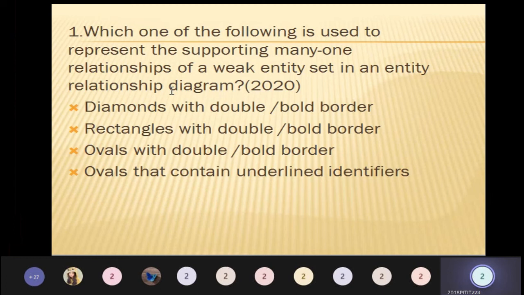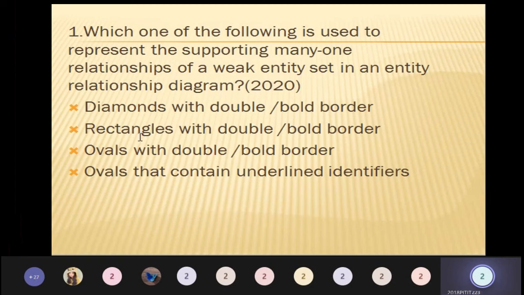Weak means double. So the answer is the diamond with a double or bold border, because they are asking about the relationship only, not a rectangle.